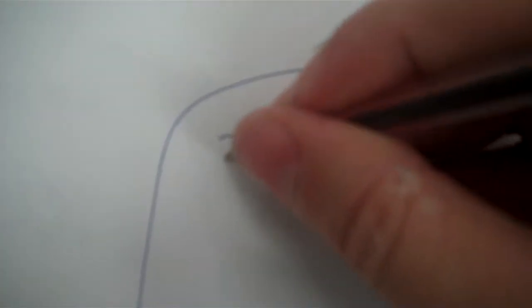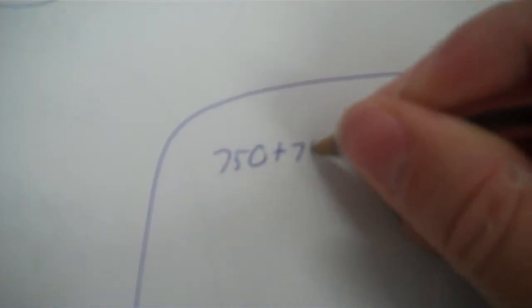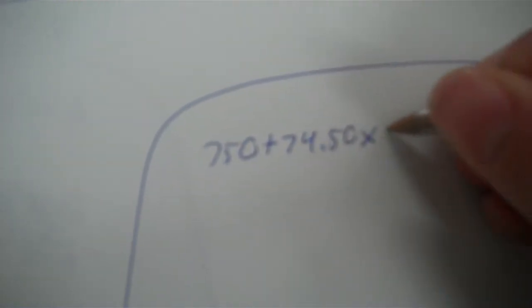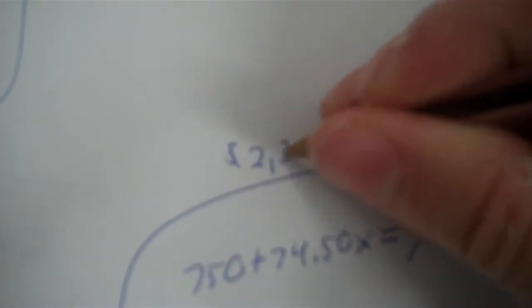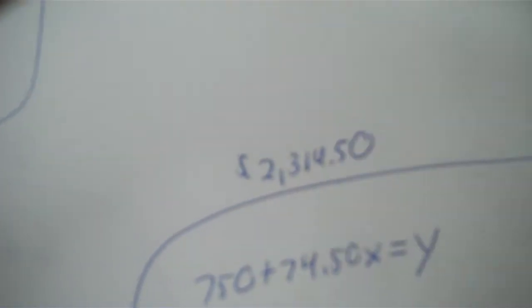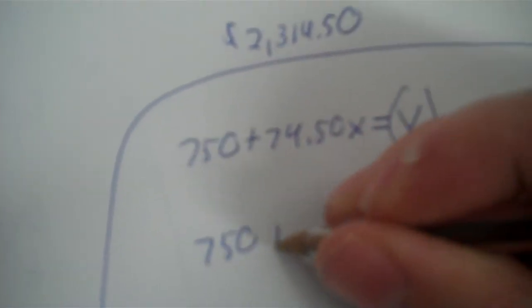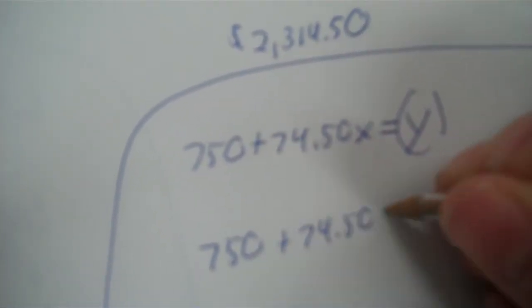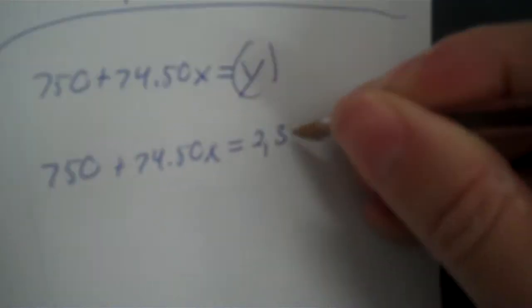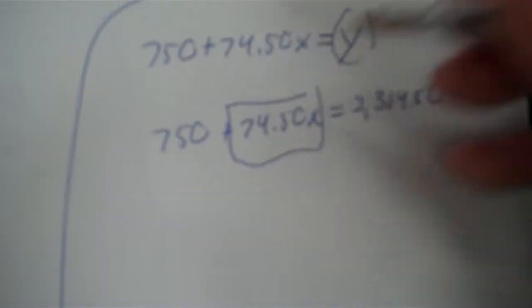So my equation is 750 plus 74.50x equals y. But then we're going to put the $2,314.50 in for the y. So 750 plus 74.50x equals 2,314.50. Now I can solve for x.